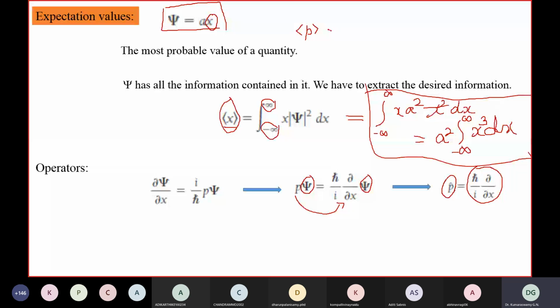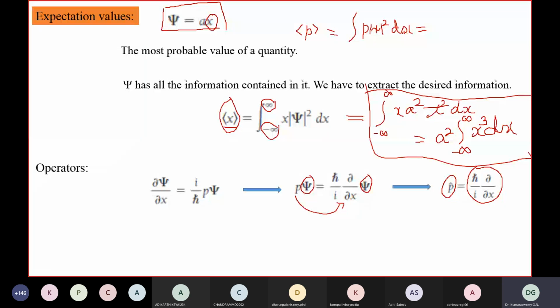The expectation value of momentum is equal to the integration of P into psi square dx.